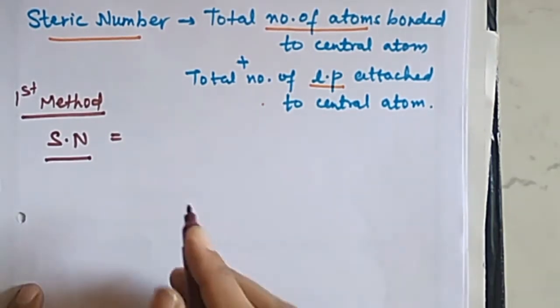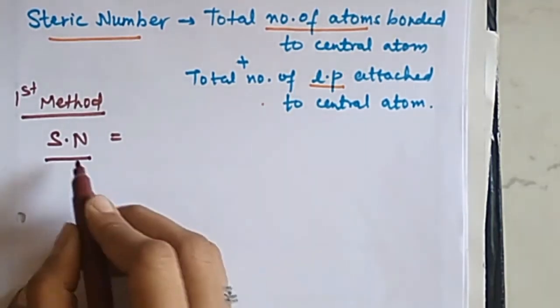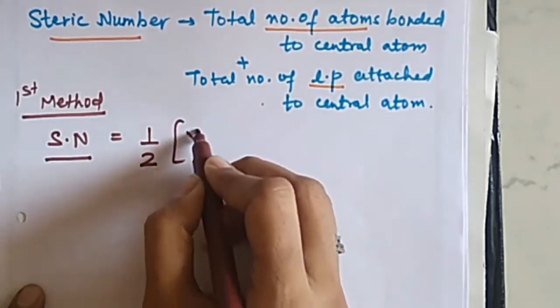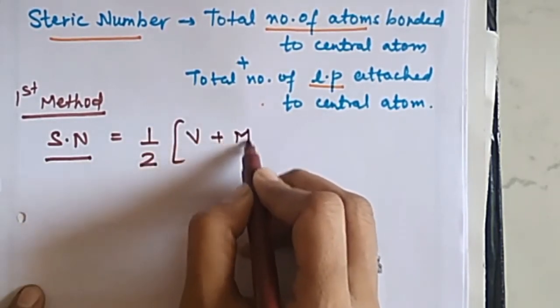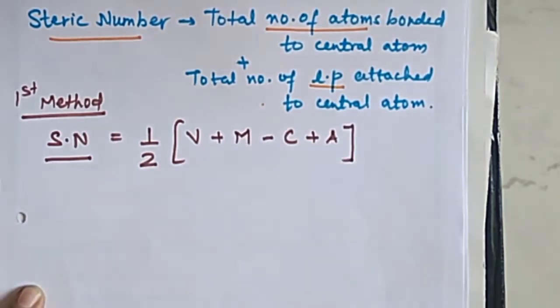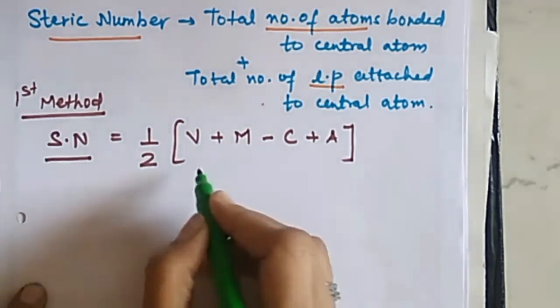The first method is: steric number is equal to half into V plus M minus C plus A. Now, what is V?